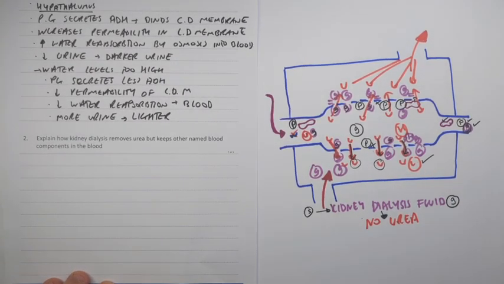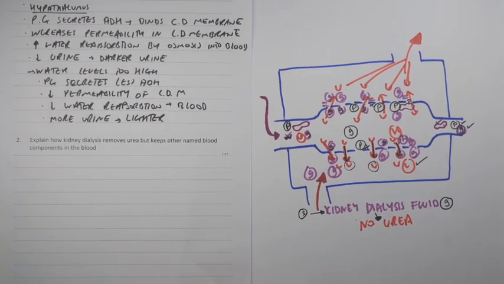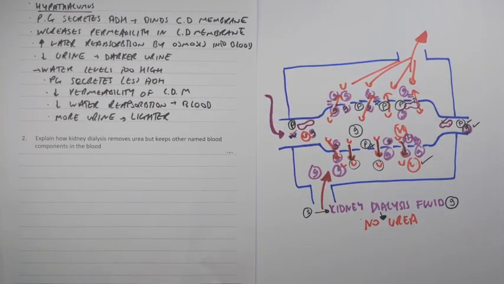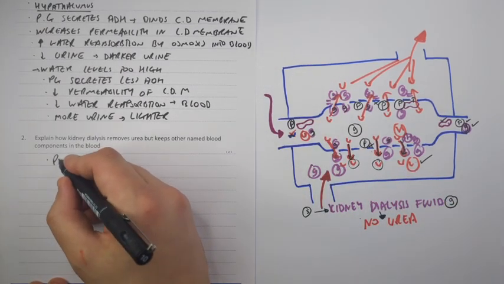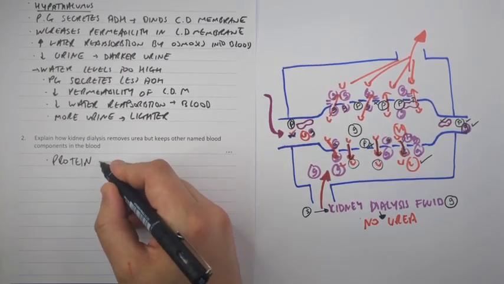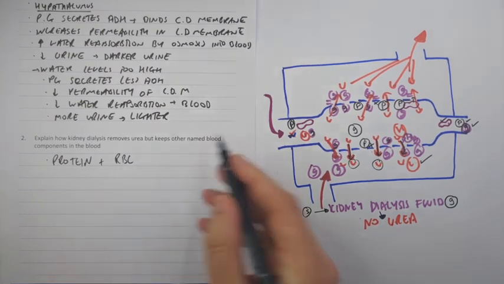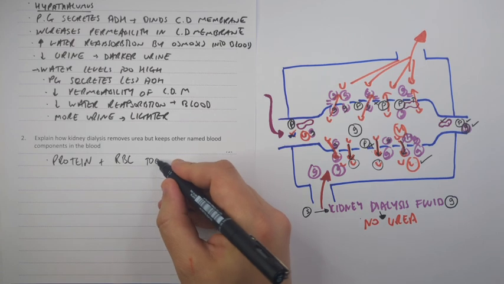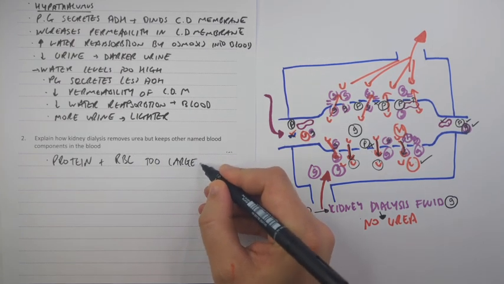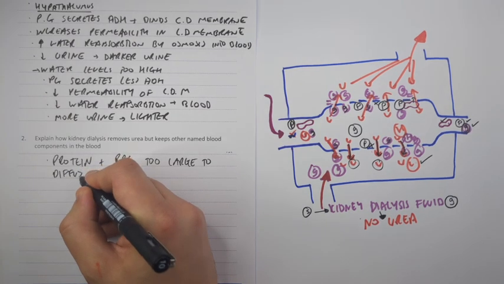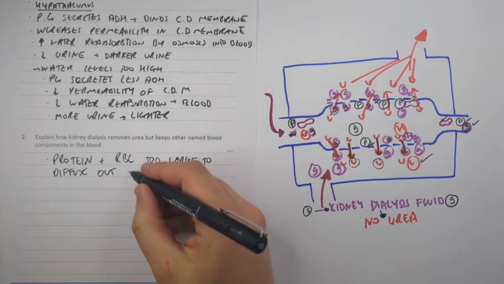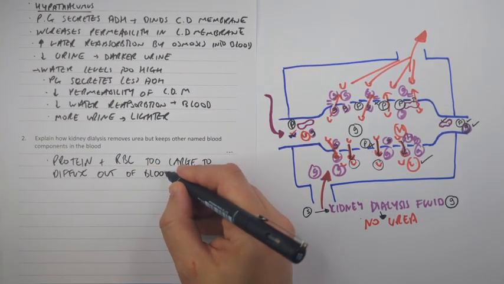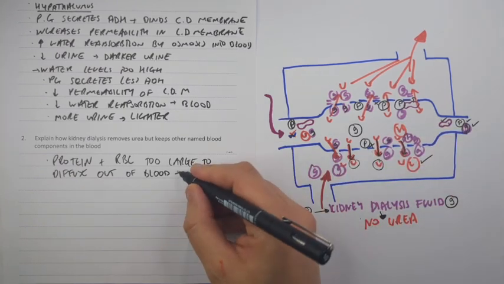So firstly, proteins and red blood cells are too large to diffuse out of blood into the kidney dialysis fluid.